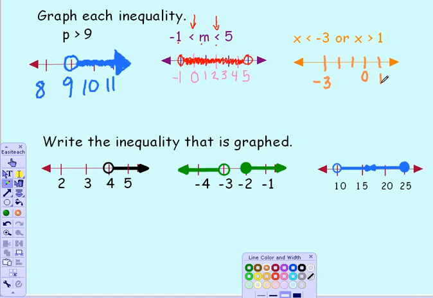Okay, so I put a couple other ones in there. I put 0 in there. Notice I went least to greatest. -3 is on the left of the number line because that's smaller than 0 and it's smaller than 1. Now we can go through. I said open circles because these are just less than and greater than symbols. They're not underlined, so we do not color those in.